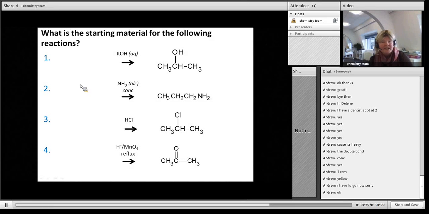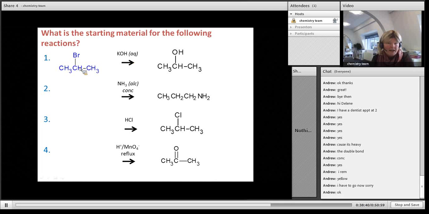If it's aqueous KOH, remember that means I've got lots of OH minus that can attack, so it'll come from the haloalkane, because I've got lots of nucleophile to attack and remove the bromine. If I want to make an amine and it's alcoholic, then it's also a haloalkane. That could have been a chloride, or it could have been a bromide, it doesn't really matter.